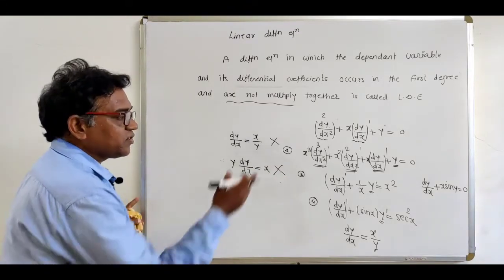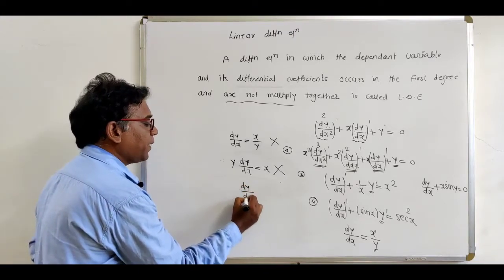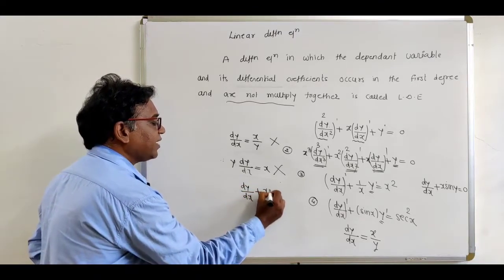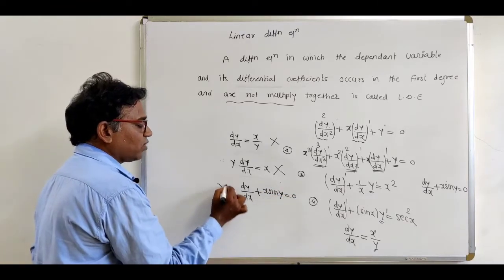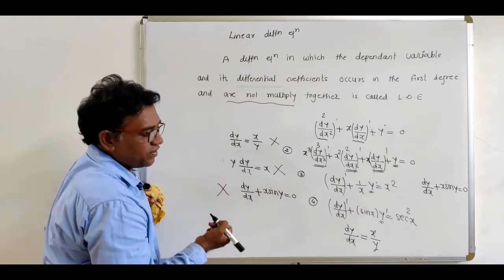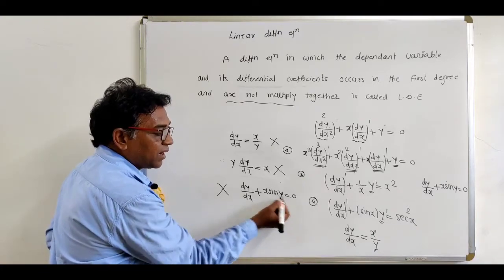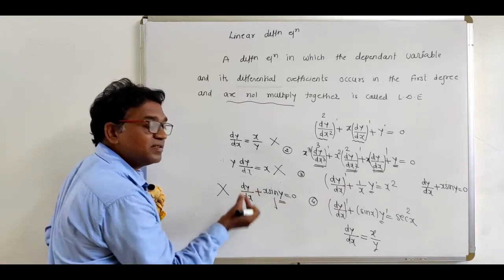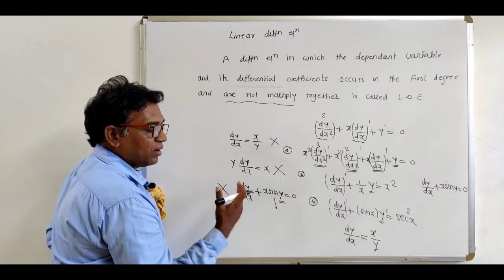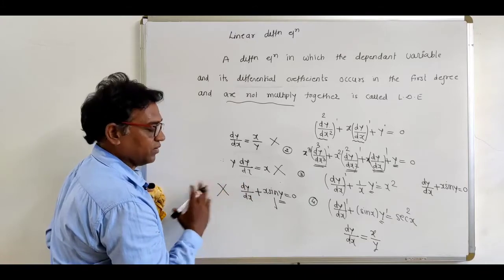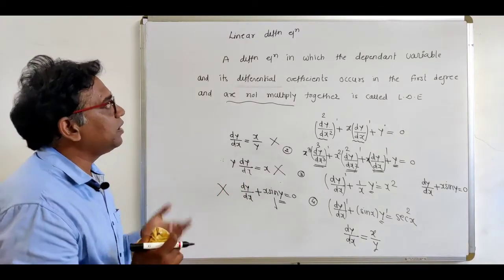Now see, if we consider this next example, that is dy by dx plus x into sine y equal to 0. Again, this is not a linear differential equation because this dependent variable y is the argument of a transcendental function. So obviously, this is not a linear differential equation. So remember, what is the definition of linear differential equation?